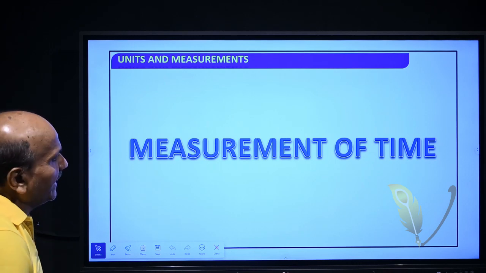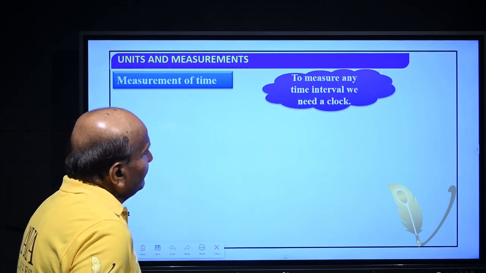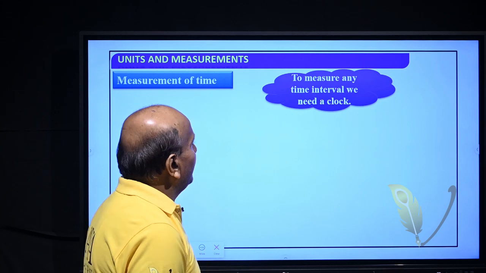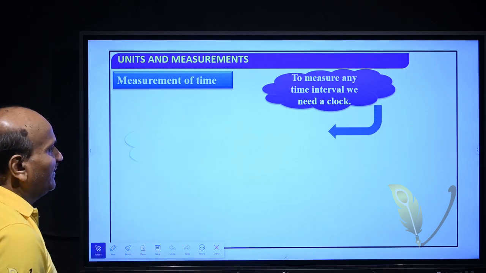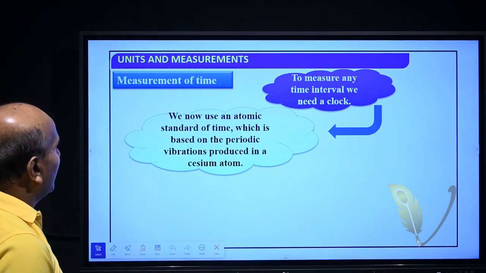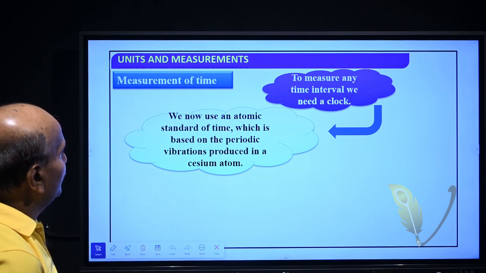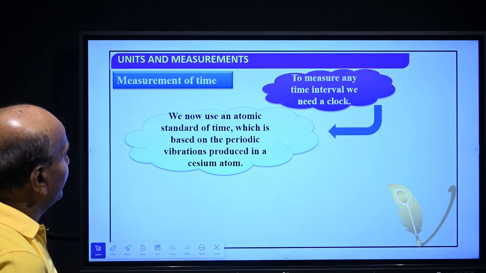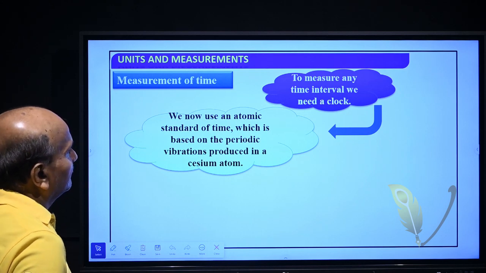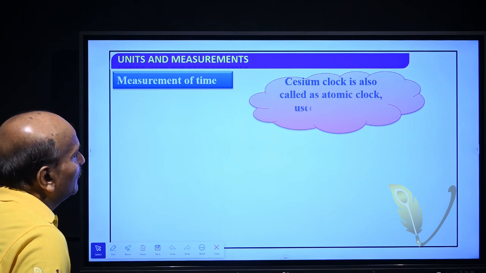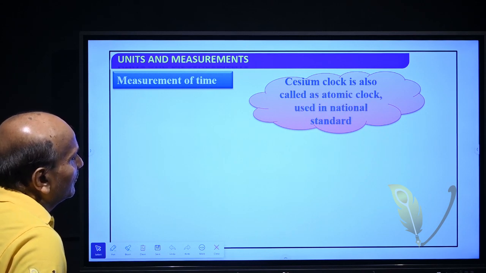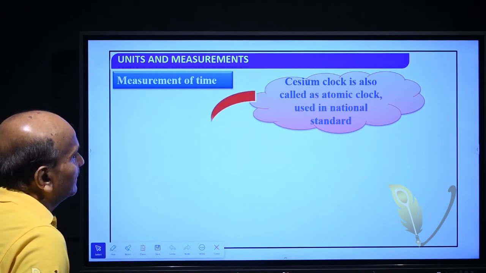Then, measurement of time. Similarly, to measure any time interval, we need a clock. We now use an atomic standard of time, which is based on the periodic vibrations produced in a cesium atom. The cesium clock is also called an atomic clock, used as a national standard.